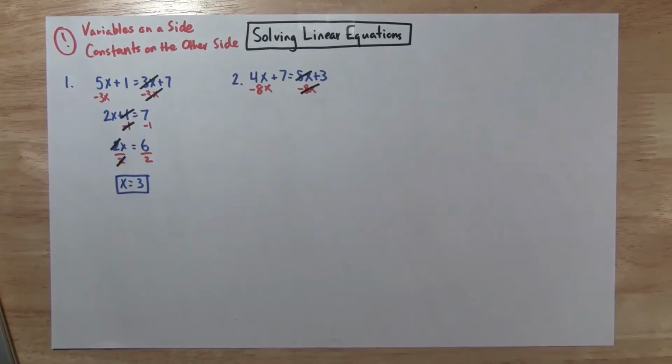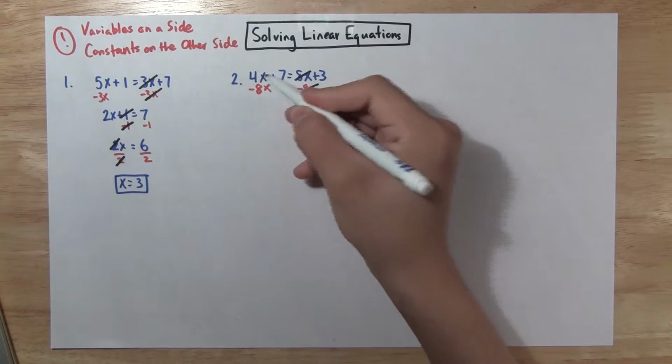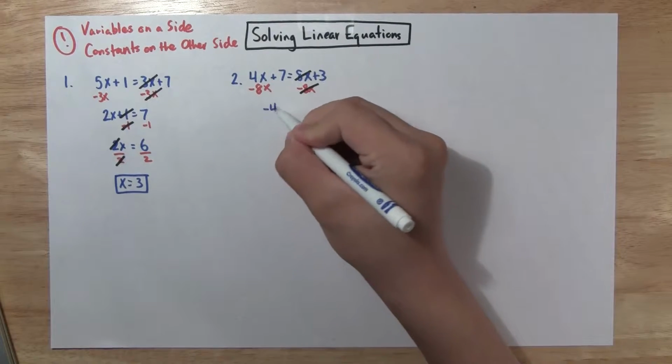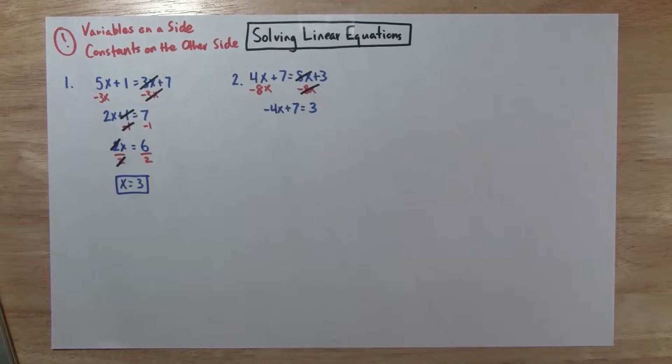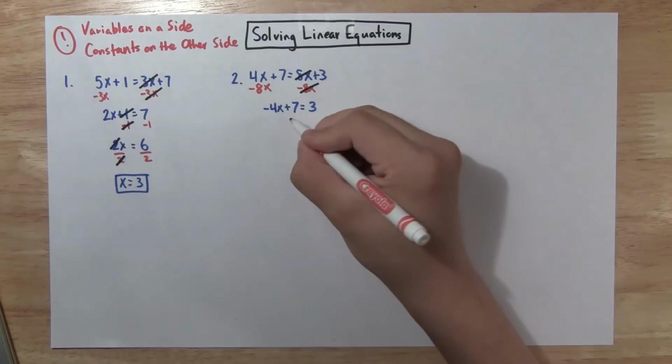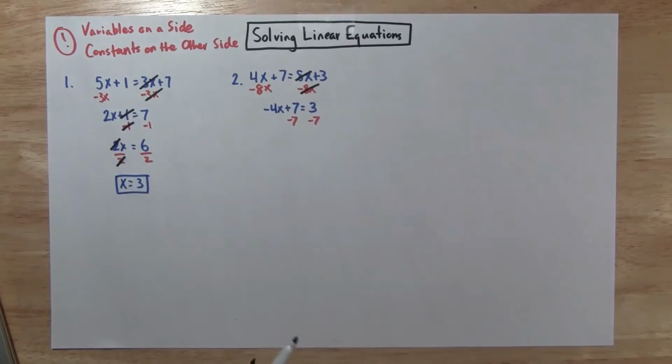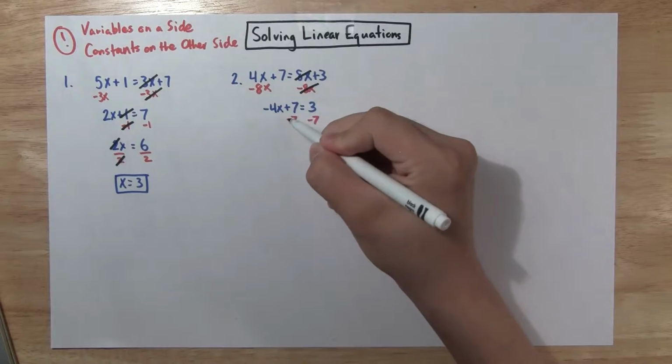What you're left with is 4x minus 8x, which is negative 4x plus 7, which equals 3. And now we want to subtract 7 from both sides because 7 minus 7 is 0.